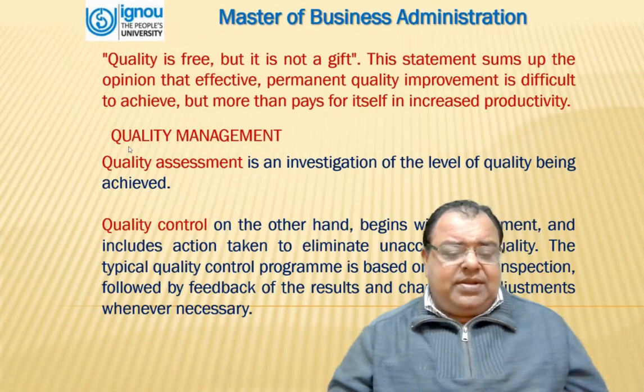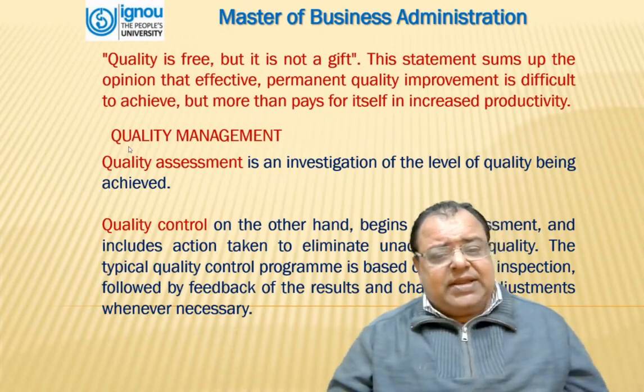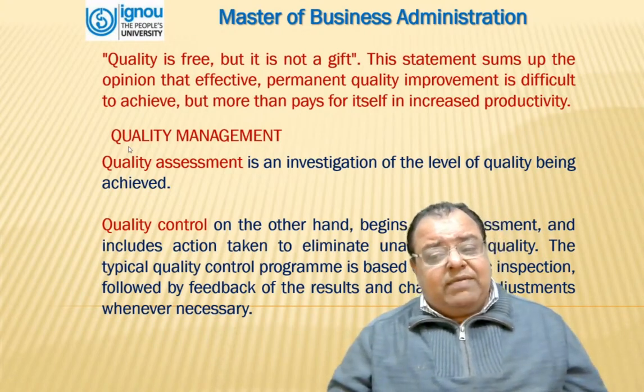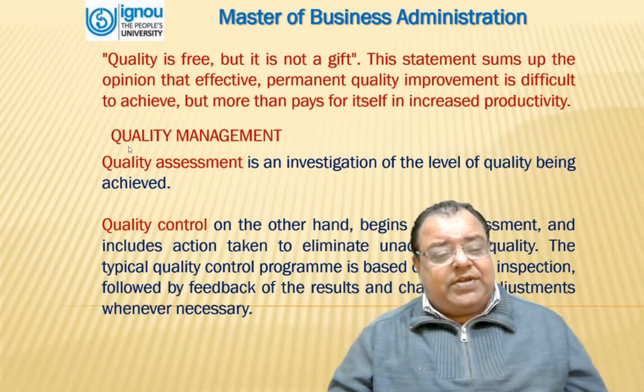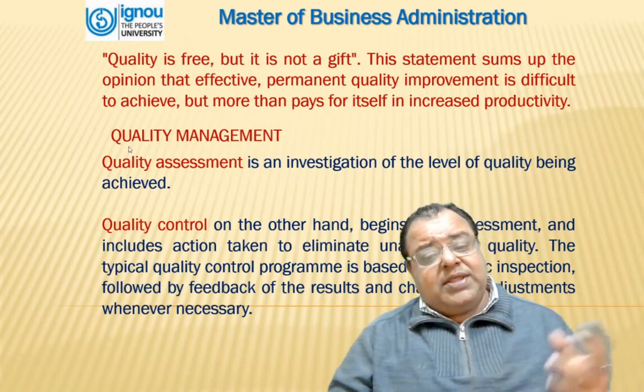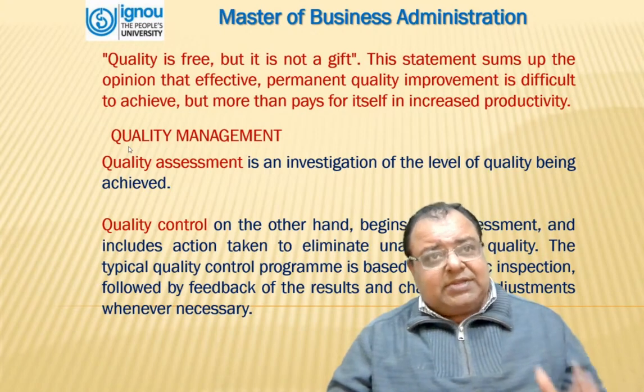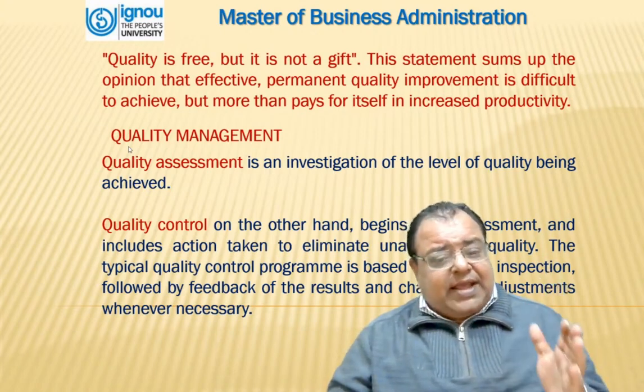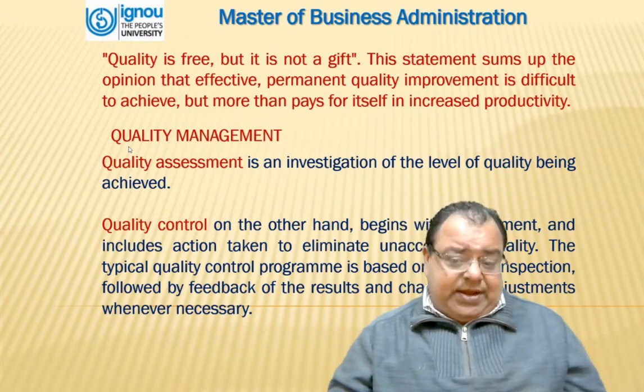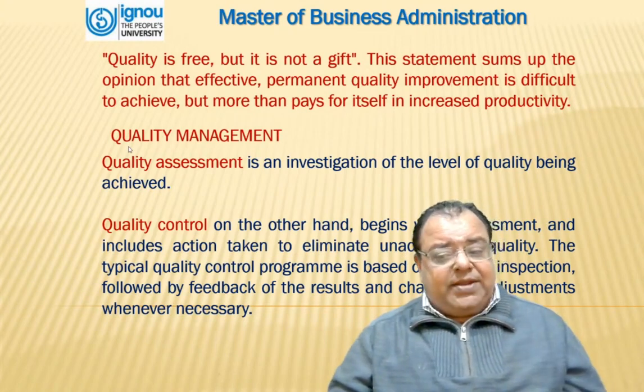In quality management, quality assessment is an investigation of the levels of quality being achieved. Quality control, on the other hand, begins with assessment and includes action taken to eliminate unacceptable quality.